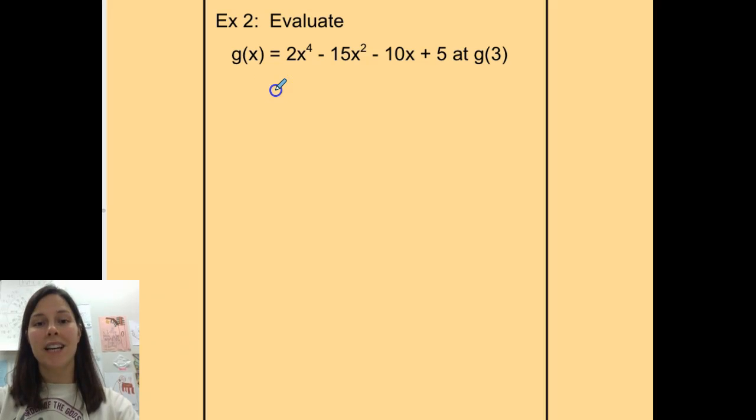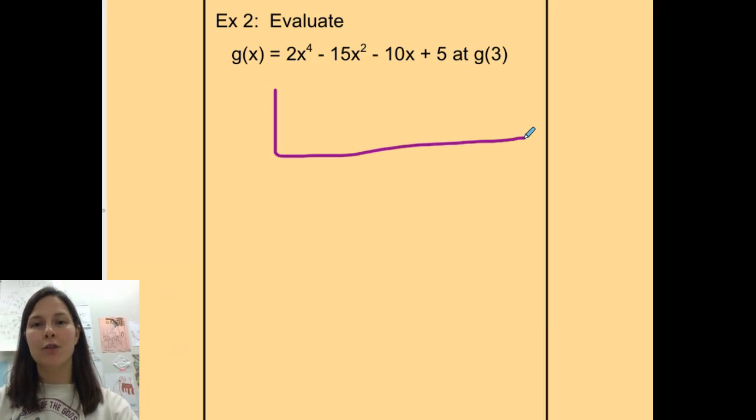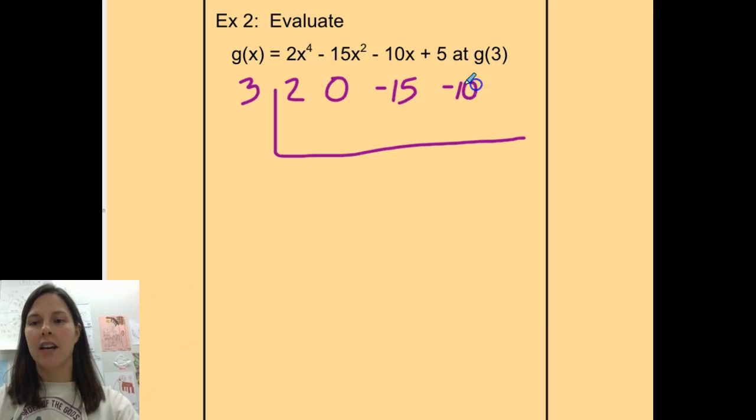So this next one is asking us to evaluate the function for a given value. Notice this time that 3 is not grouped with the x. It's not the binomial, so we put that on the outside as 3. There's no need to pull it out of the absolute value because it's not in one. Setting up our coefficients, 2x to the 4th, 0x cubed, don't forget those placeholders, negative 15x squared, negative 10x, positive 5.